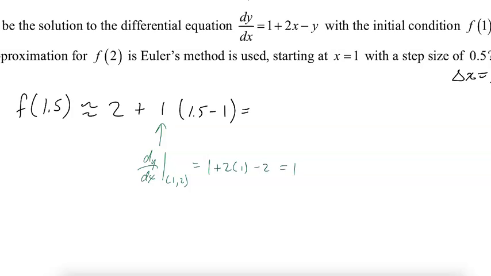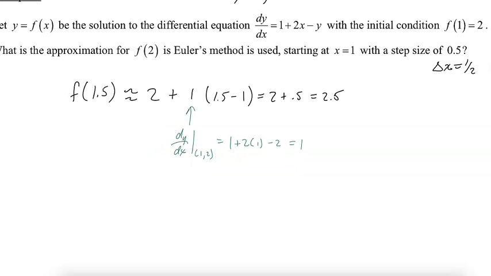So this becomes 2 plus 1.5. Oh, no. 2 plus 0.5, right? Which is 2.5. And then I can use that point, 1.5 comma 2.5, right? That gives me the estimation, 1.5, 2.5.